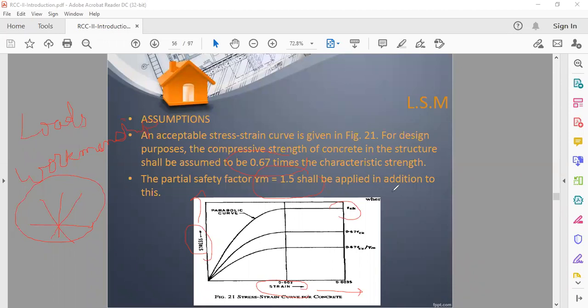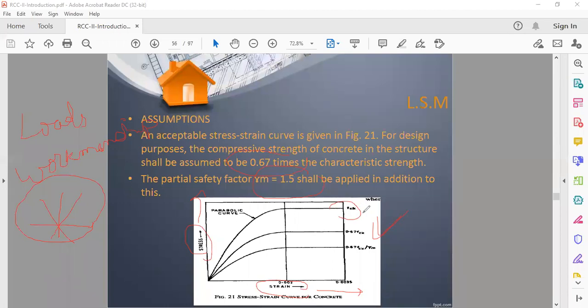But this is not possible in the actual state, and that's the reason workmanship plays a vital role. We do not consider that workmanship is always better, and that's the reason we consider this part. This is already according to the IS code, which has considered all those things.